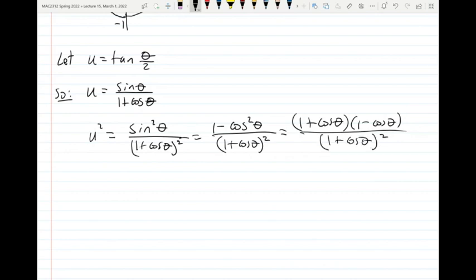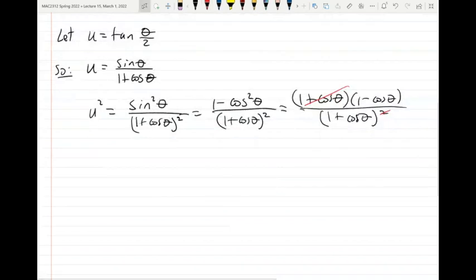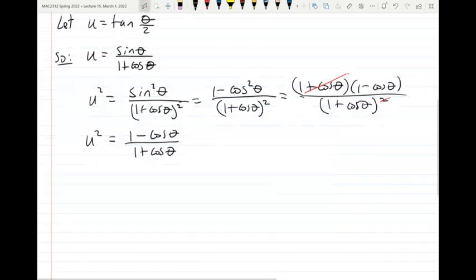And luckily enough, we have a factor in the top that cancels with one of the factors in the bottom. So this 1 plus cosine cancels with one of the 1 plus cosines in the bottom. All right, so we have u squared equals 1 minus cosine over 1 plus cosine. Now we are in business.